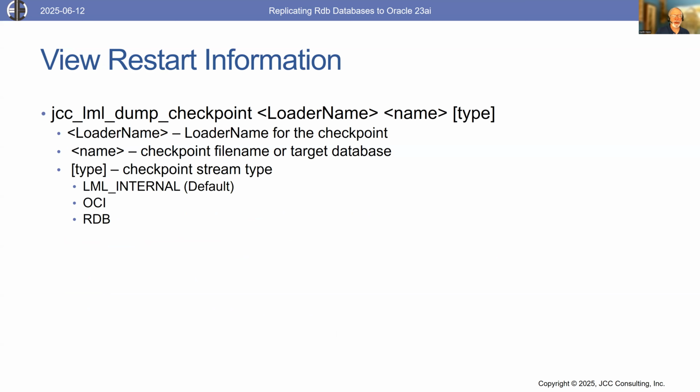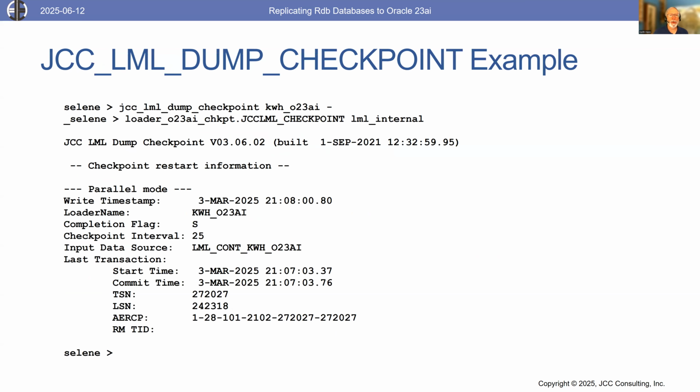We can look at the restart information with the JCC LML dump checkpoint command. So in this example, we do a dump checkpoint of the checkpoint file name. And it says that the write timestamp was at 2108.